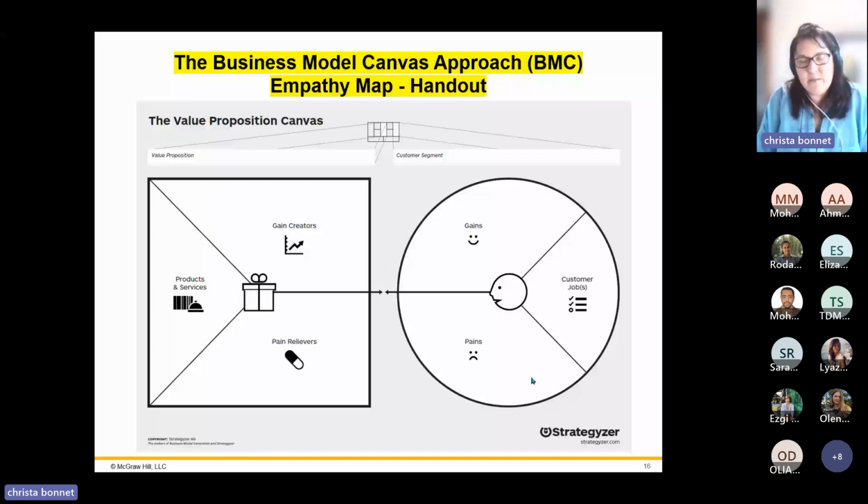What pain points are there? We listened, and as they tell us one thing, we asked the question, and asked the question, until we got to the bottom of it, and we understood the true pain points.